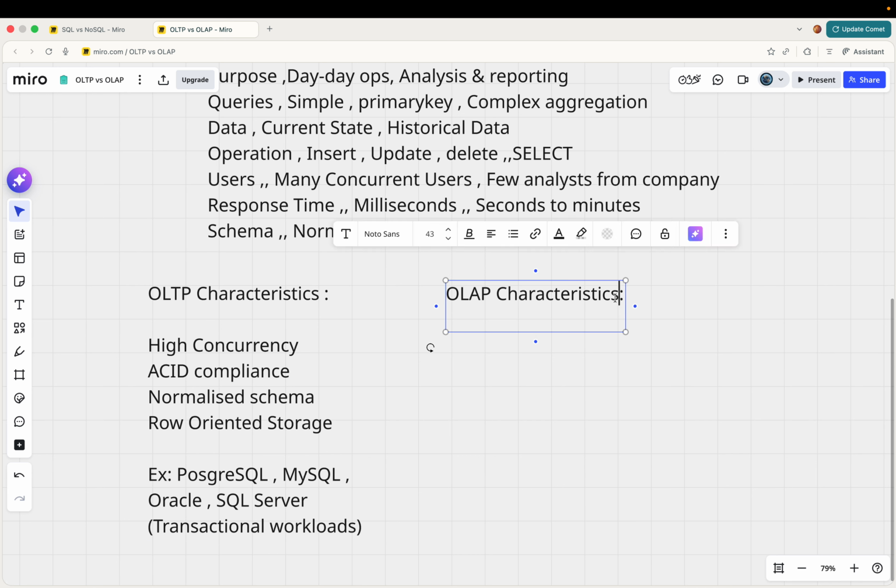If we see OLAP characteristics, complex queries, this is one thing.